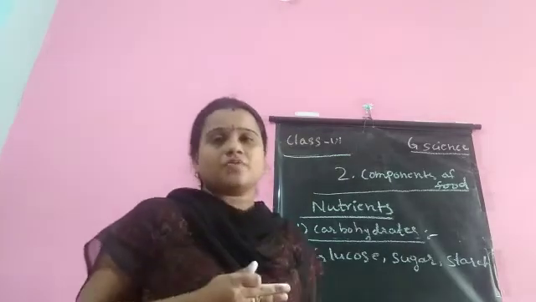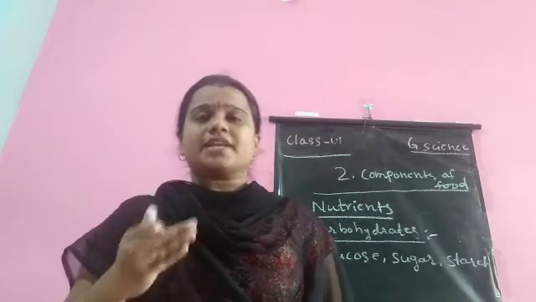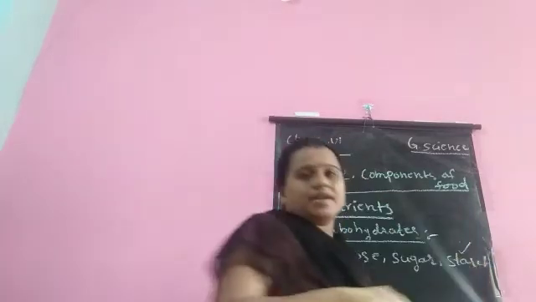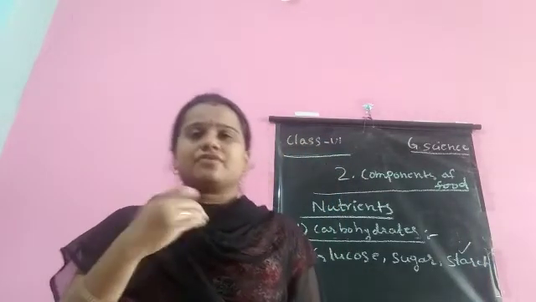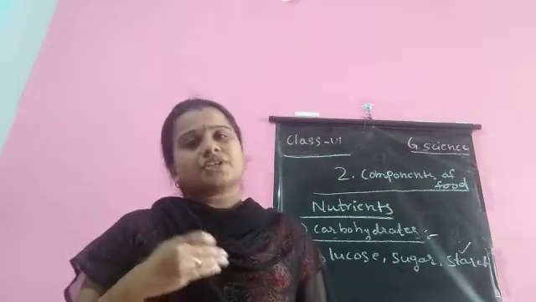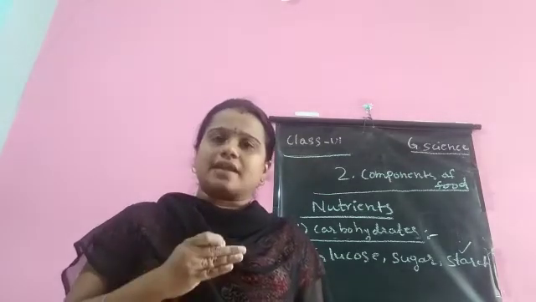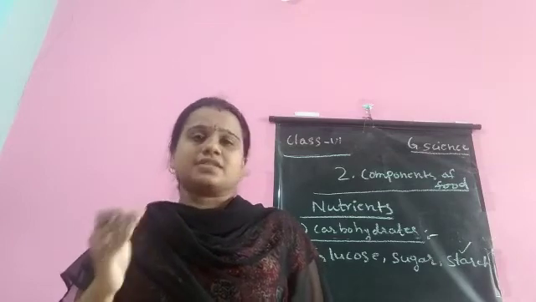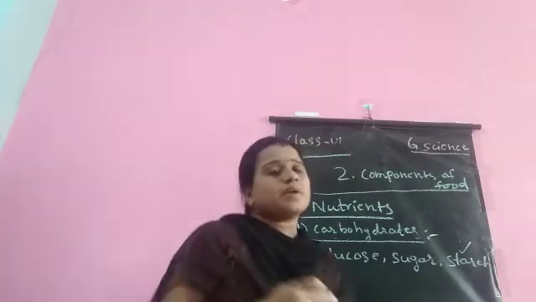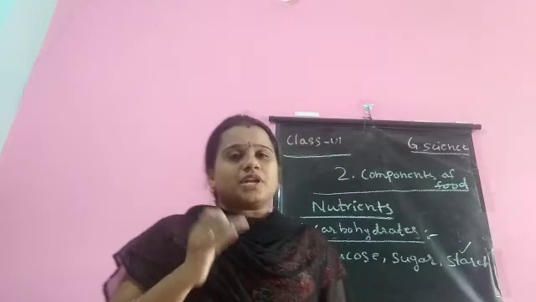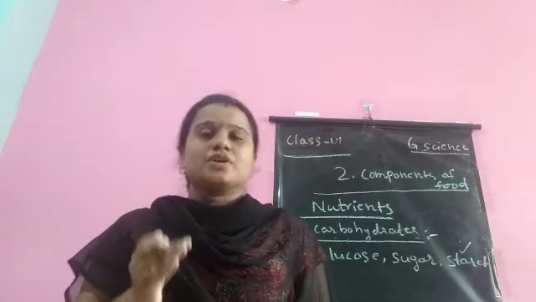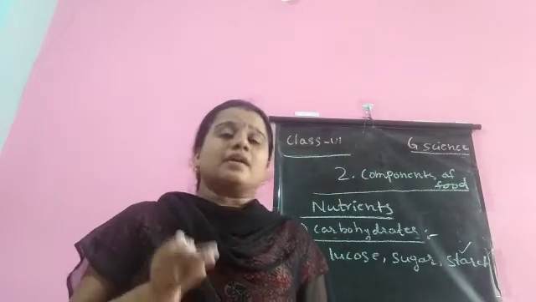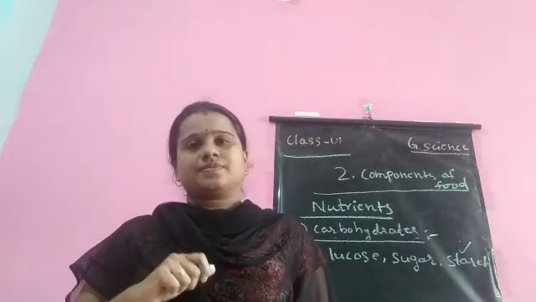The main carbohydrate which we eat in our food is starch, which comes from cereals like wheat, rice, maize, millet, etc. Some other sources like potato, sweet potato, sugar, and honey contain carbohydrates.